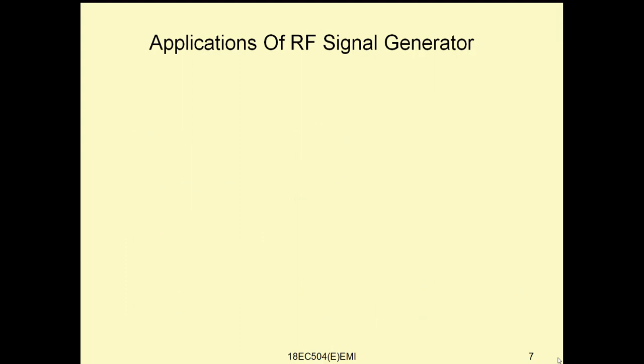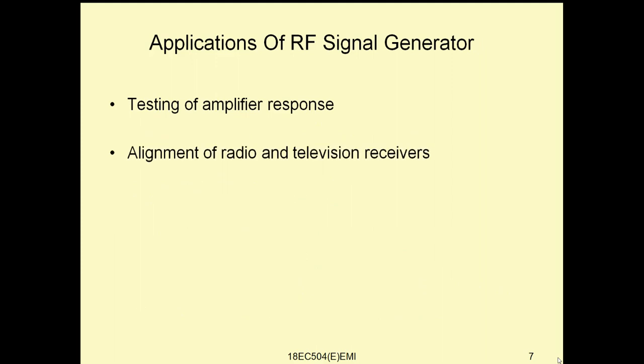Next, the applications of the RF signal generator. It is used for testing of the amplifier response, and for alignment of radio and television receivers.